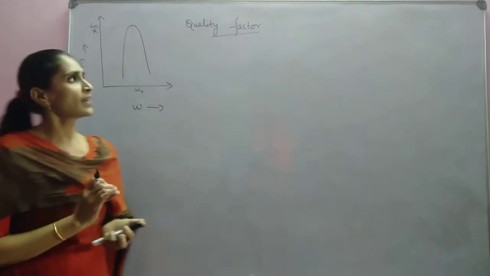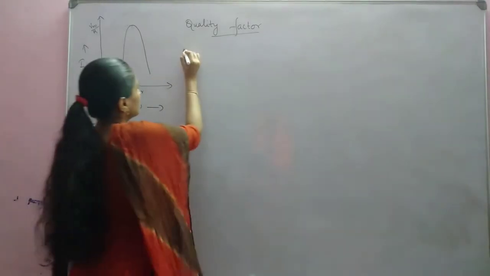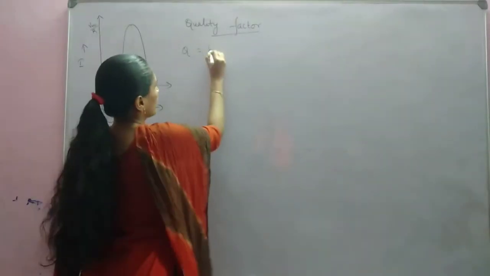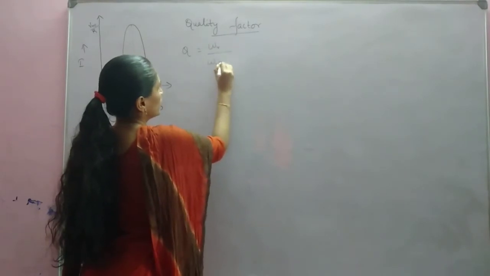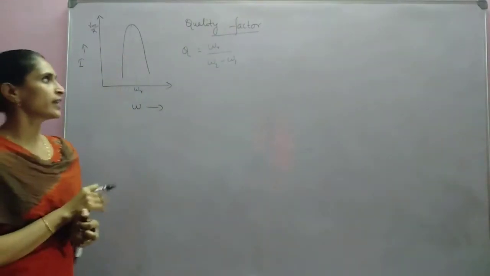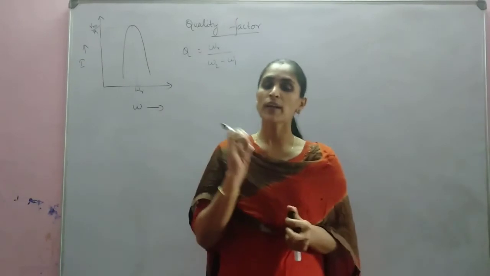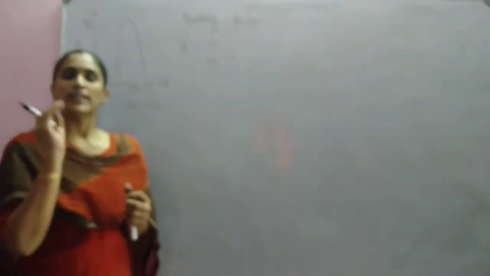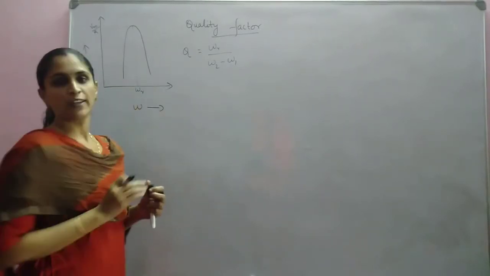Now we are defining quality factor. Quality factor is equal to omega R divided by omega 2 minus omega 1. Omega R, no problem, you can find. And what is meant by omega 2 and omega 1? Omega 2 and omega 1 are those two frequencies at which the current becomes 1 by root 2 times the peak value of current.